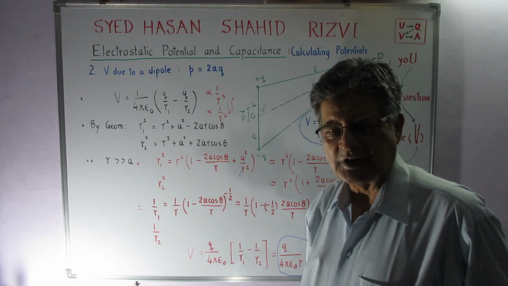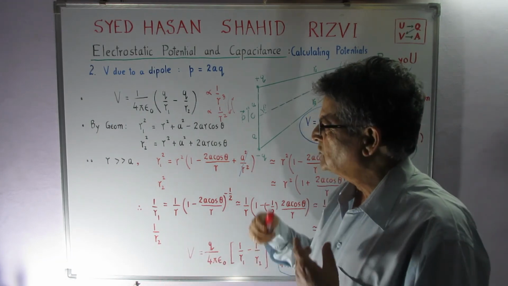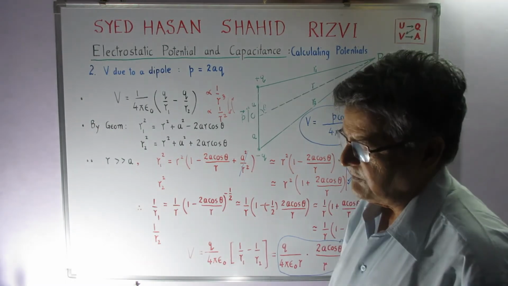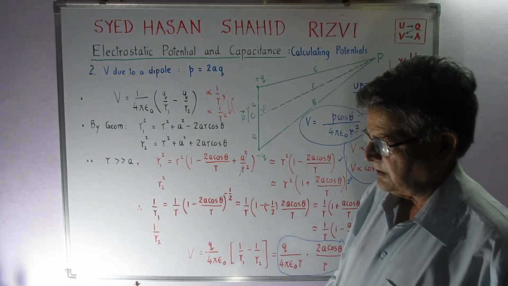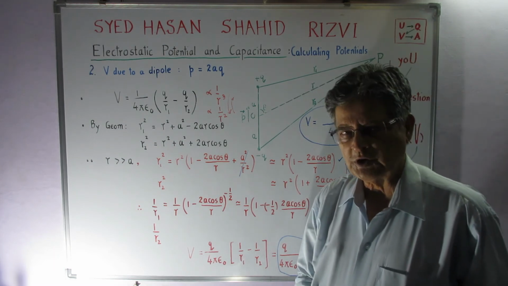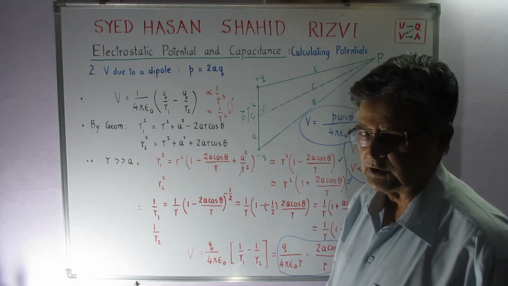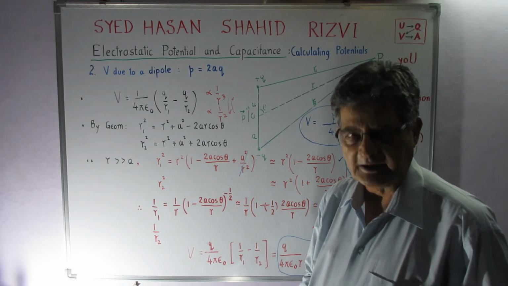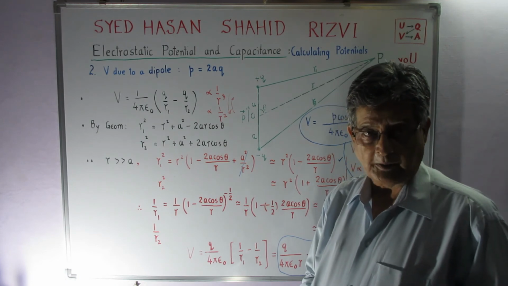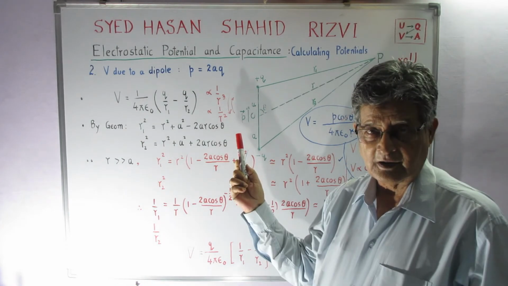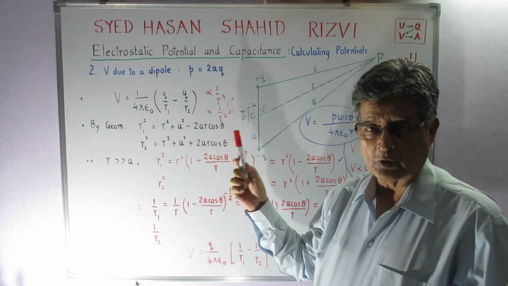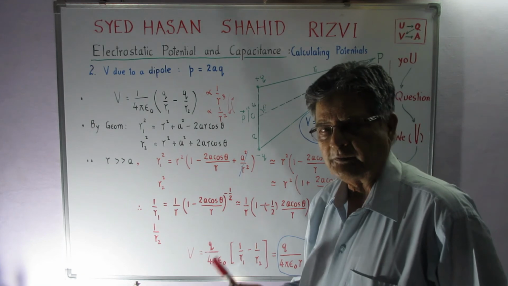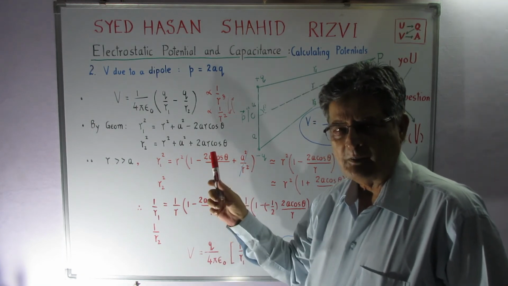It simply means that there are so many charges and there are so many potentials due to individual charges, and we will apply the principle of superposition and calculate those potentials algebraically. Okay, not vectorially, because there is no question of vector here.